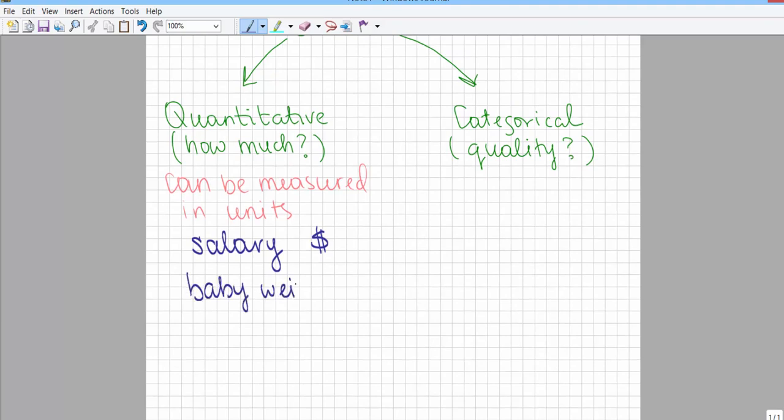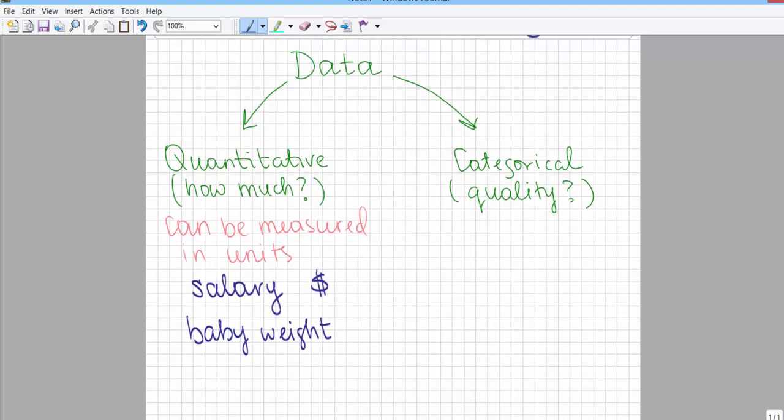When you have an announcement on Facebook that one of your friends had a baby, they say, okay, how much does this baby weigh? And what is it measured in? Pounds. Okay, so when you're dealing with quantitative data, these are the two questions that you should be able to ask. How much? What is it measured in? Salary, baby weight. What else?